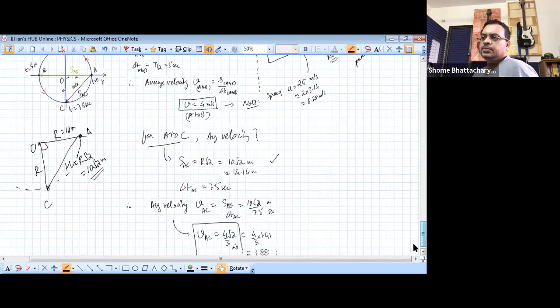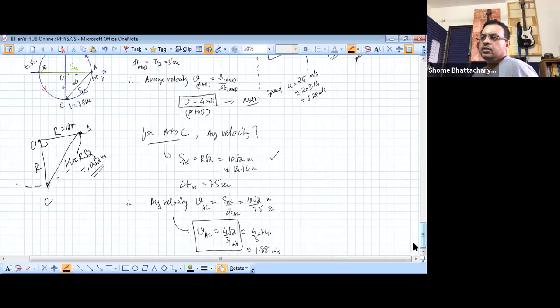So now divide that displacement of magnitude 10 root 2 meters by the time taken of 7.5 seconds. We had found this earlier. In the second part of the question, we had found the time taken from A to C. That was 3/4 of the time period. The time period was 10 seconds, so that time was 3/4 of 10 or 7.5 seconds. Now divide that displacement by the time and you get the average velocity.